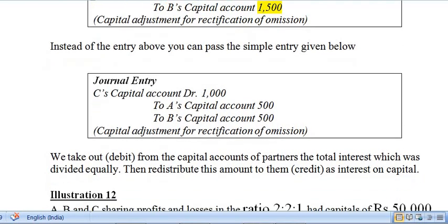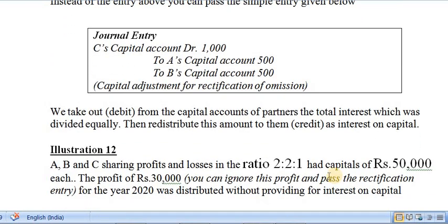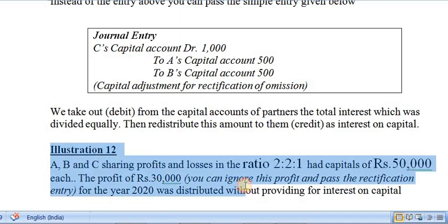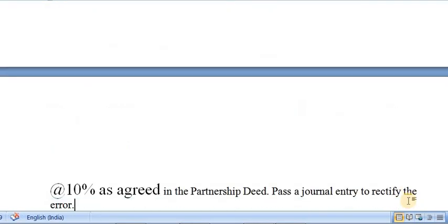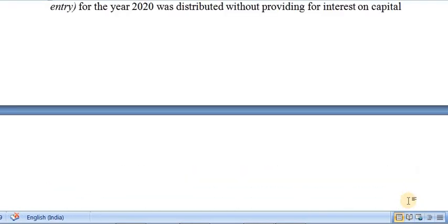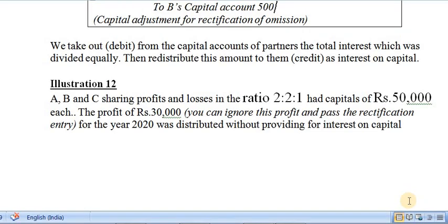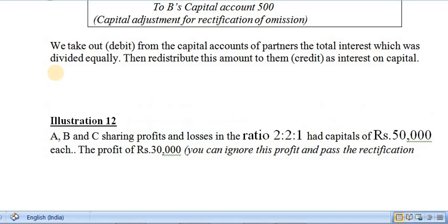Let us see the next illustration. A, B and C sharing profits and losses in the ratio 2:2:1. I'll take the whole thing here.